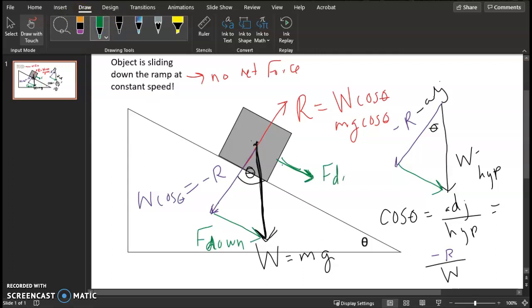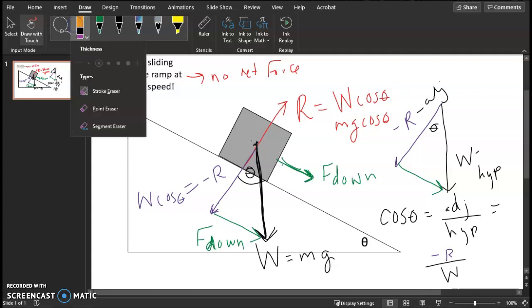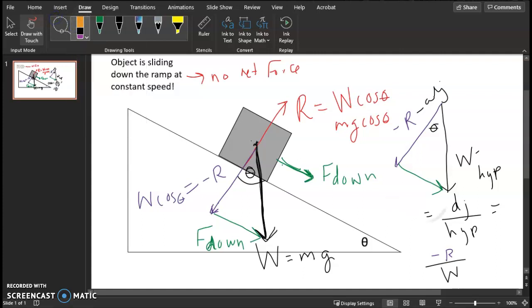The object is sliding parallel to the surface of the ramp. It is not sliding in this weird, crazy fashion. Parallel to the surface of the ramp, not parallel to the ground. It's still on the ramp. All right, so this is the force down. Let me clear up some space here. I have to stress this. Please don't make that mistake. You will be quizzed on drawing this.